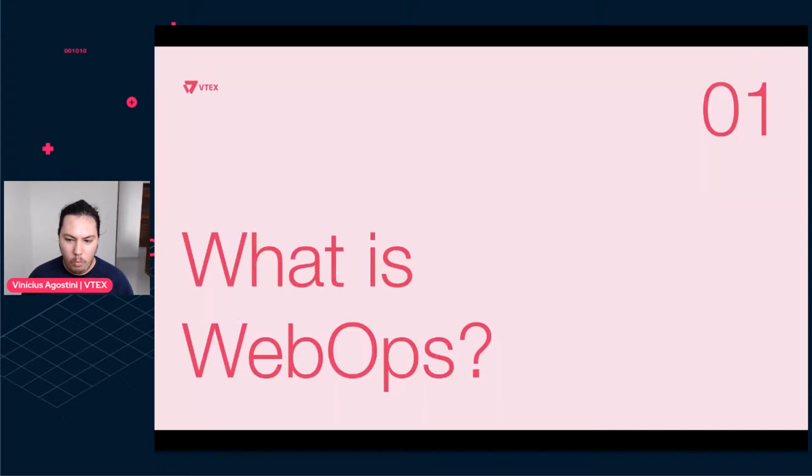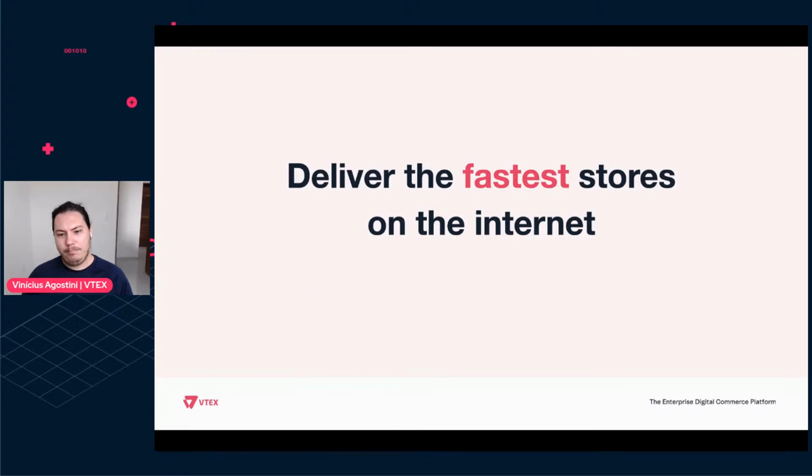So first of all, what is WebOps? To understand what WebOps is, let's think about what is the main goal of FastStore that Laricia just showed us. If we want to summarize in one phrase, the main goal of FastStore is to deliver the fastest stores on the internet, or even better, help our partners to deliver these fastest stores on the internet.